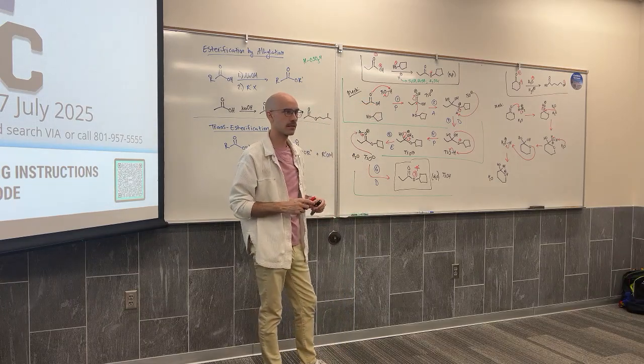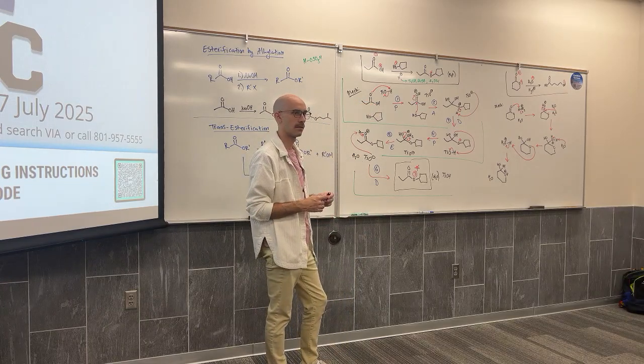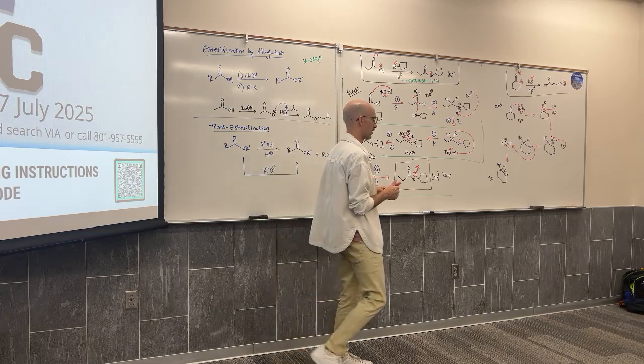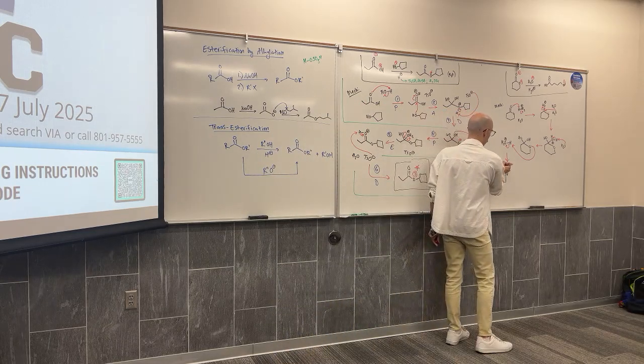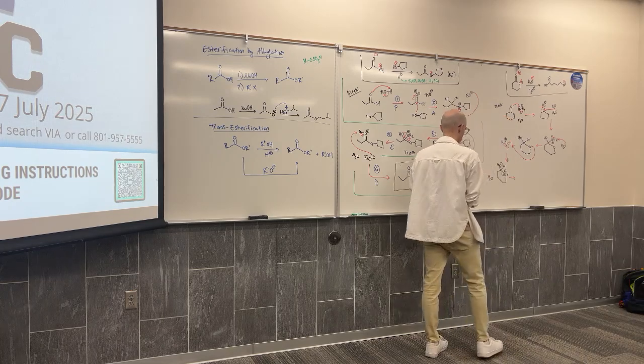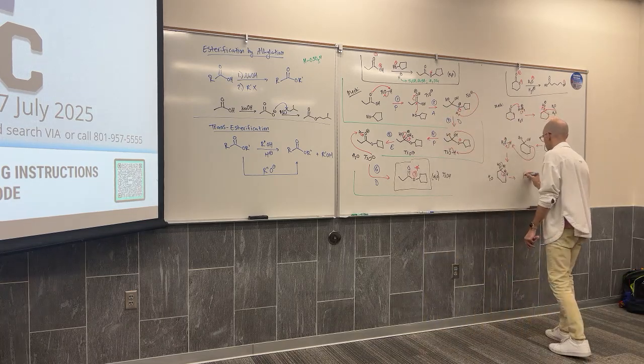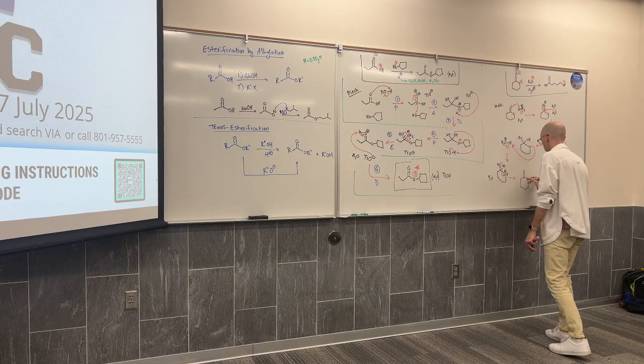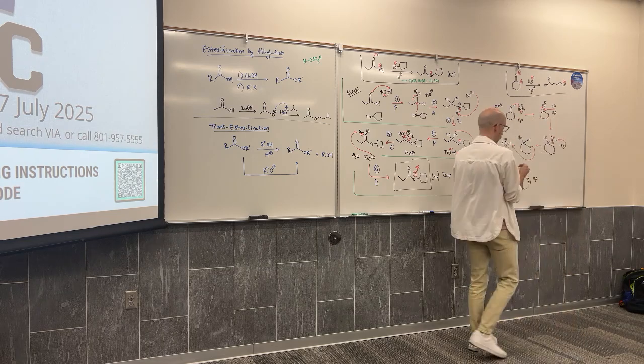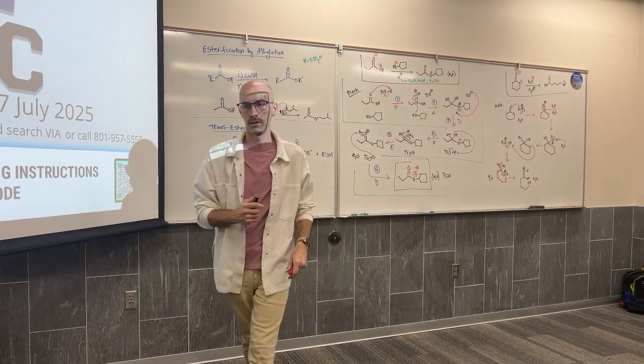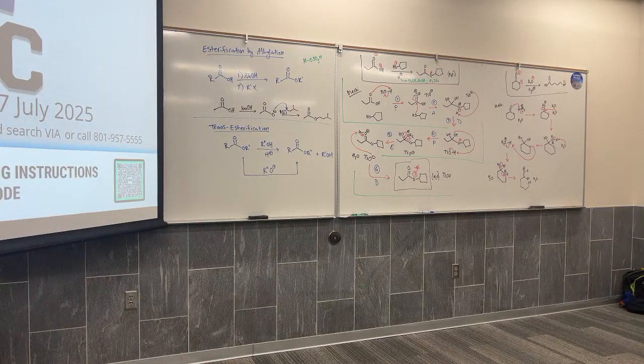What happens next? Elimination. Carbonyl forms. Alcohol gets kicked off. Now, one thing that I've done here, I've kept my carbon chain in the same conformation that the ring was in.